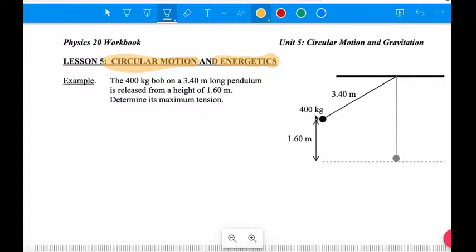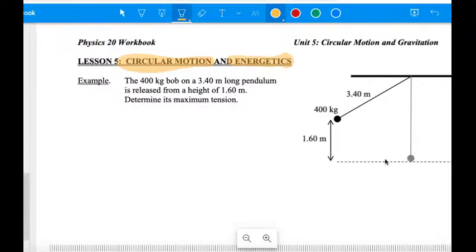But now we're going to switch our way of looking at it and think about it in a uniform circular motion way. If this pendulum were to continue, it's undergoing circular motion, not necessarily uniform because the speed is changing, but we can take a snapshot of it at a certain point in time and apply our framework of circular motion thinking to this example.